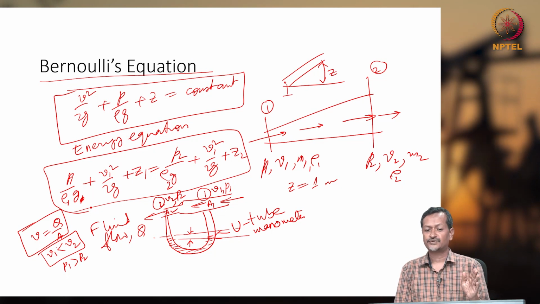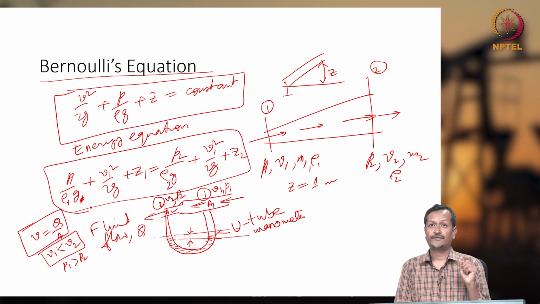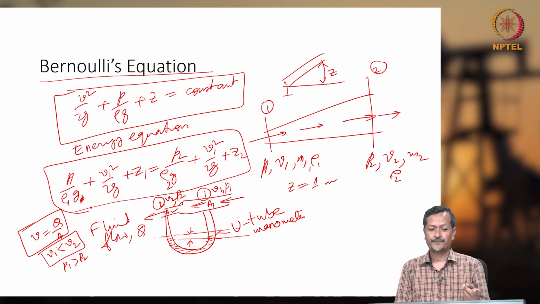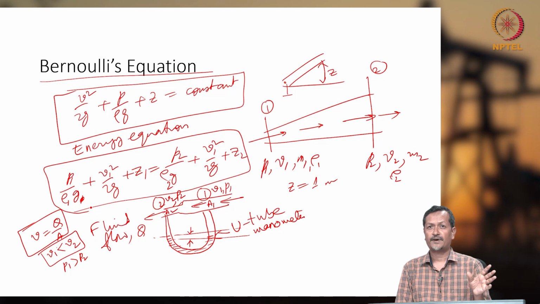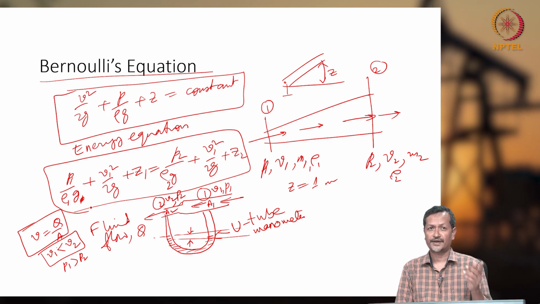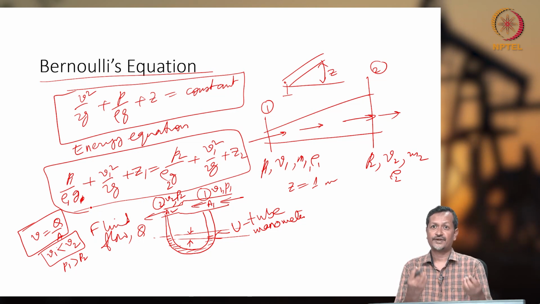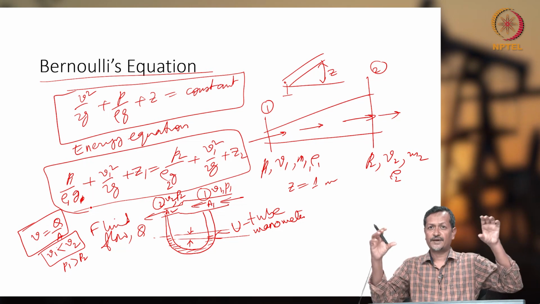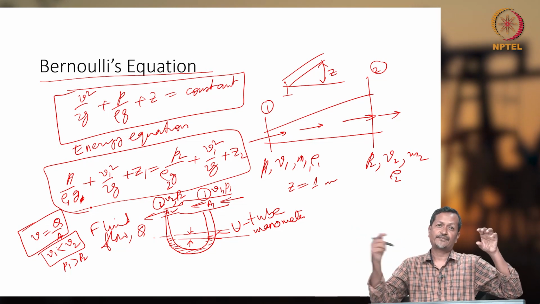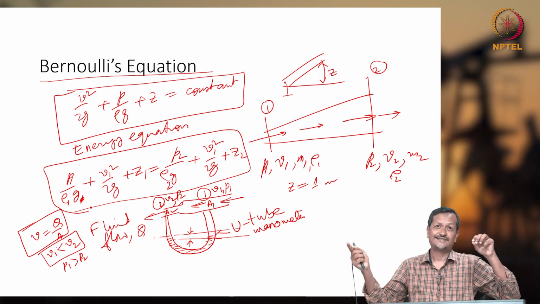And Bernoulli equation, actually, is conditional. We are assuming here there is no friction, there is no pump or other thing working, and there is no internal energy transfer. Internal energy transfer, for example, heat transfer happening: this is a long pipe, and at one end you are giving lots of heat. So because of heat, your energy will change. This is energy equation.